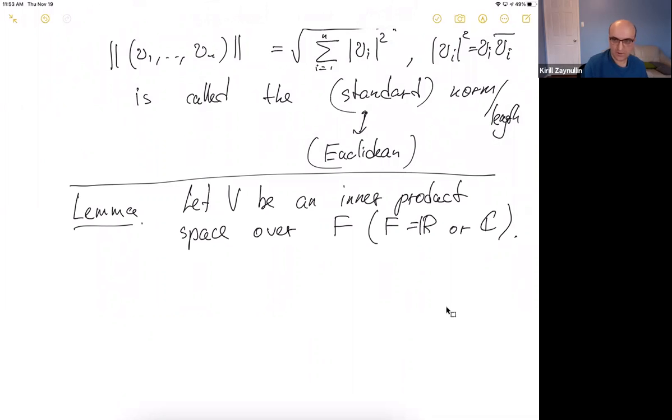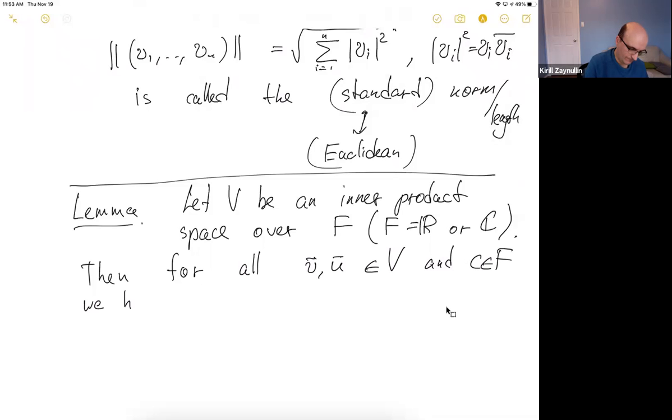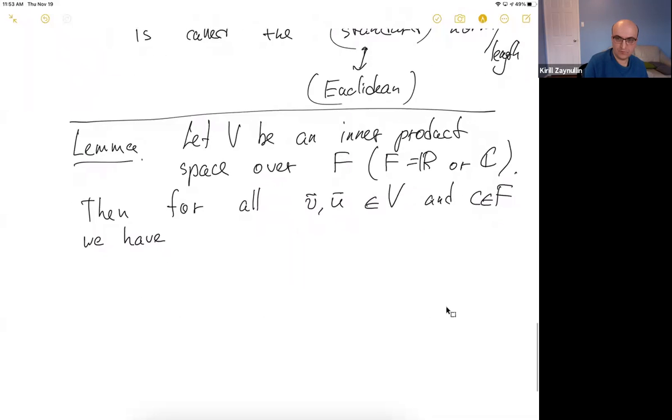Okay, so what we have here is an inner product space, either over R or over C. Then what is claimed is that for all vectors v and u from V, and any scalar c from F, we have the following properties.